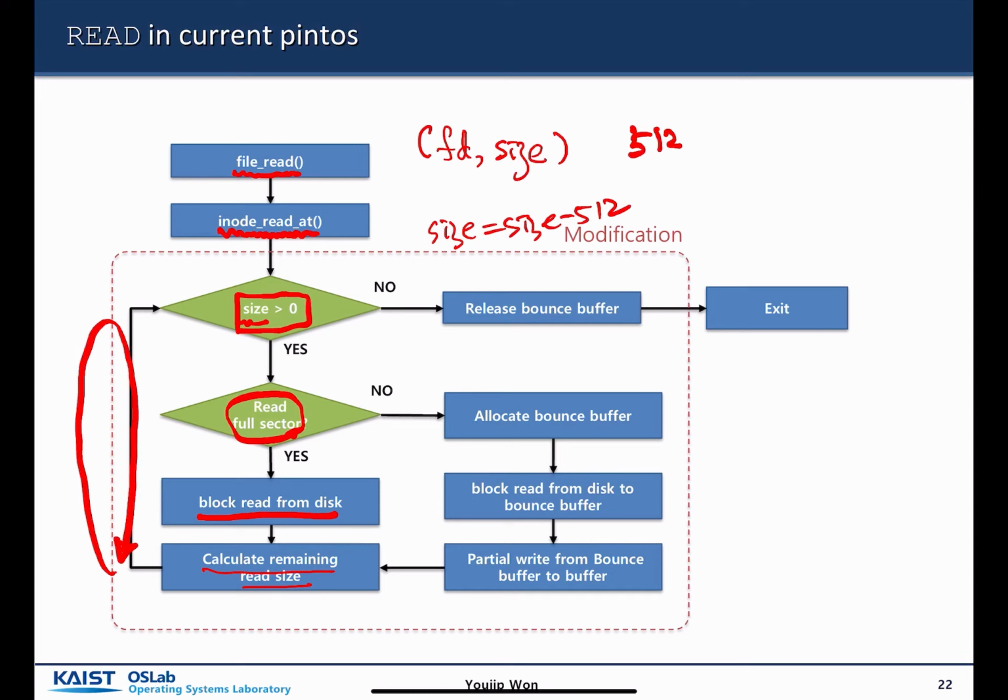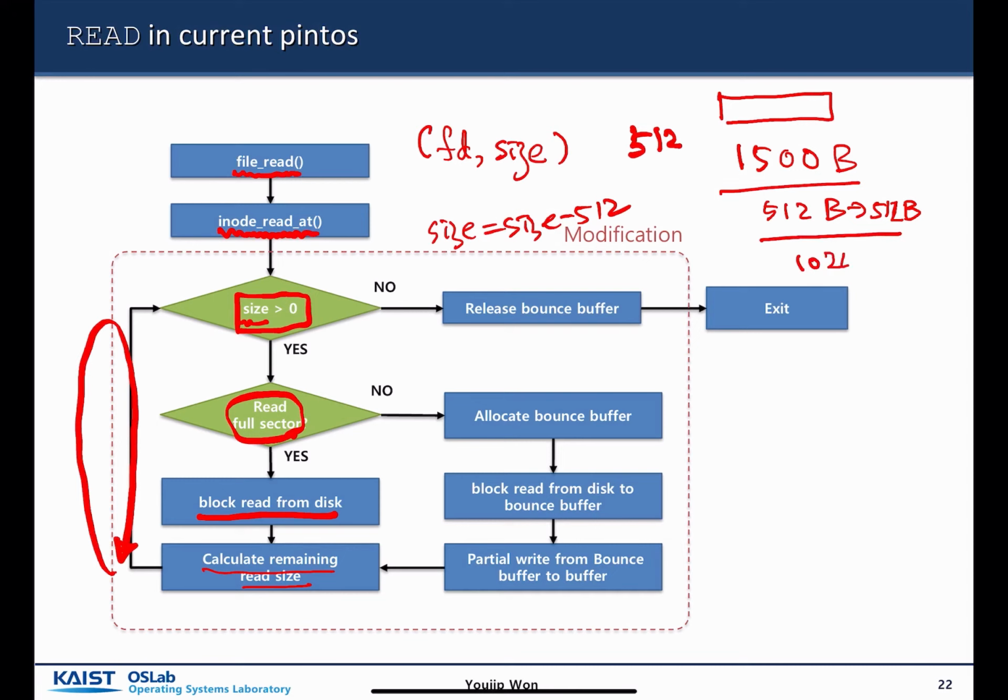But it is possible that if you want to read, for example, 1500 bytes, then it reads 512 bytes first, and then it reads 512 bytes again, which sums up to 1024 bytes.